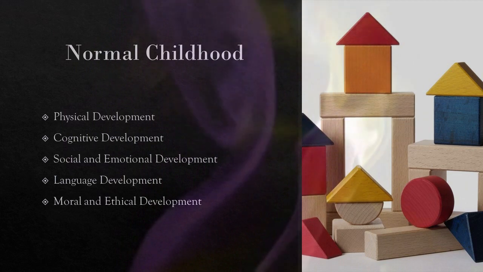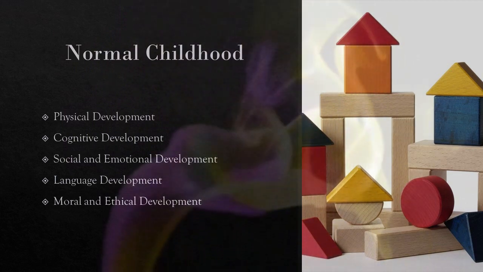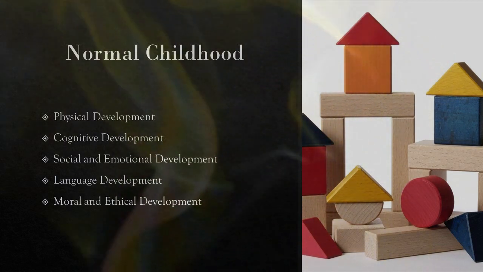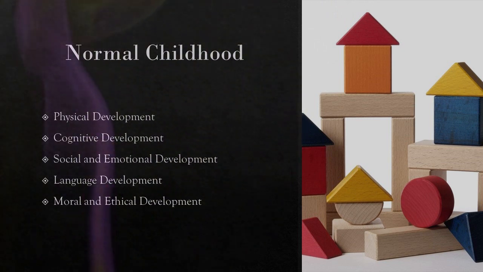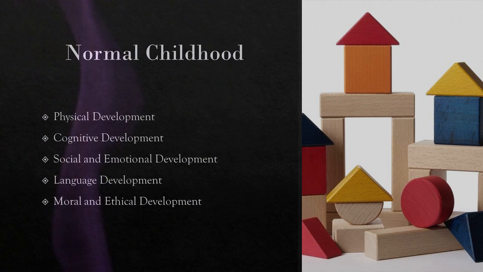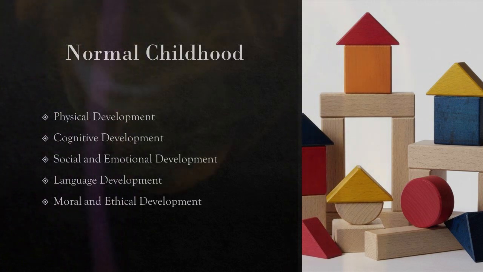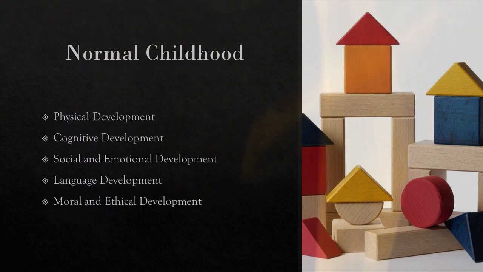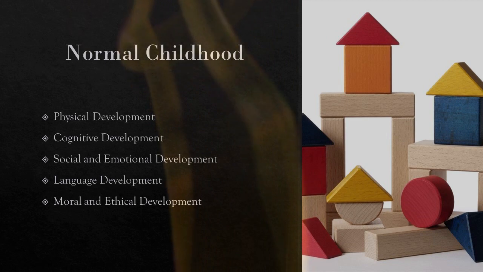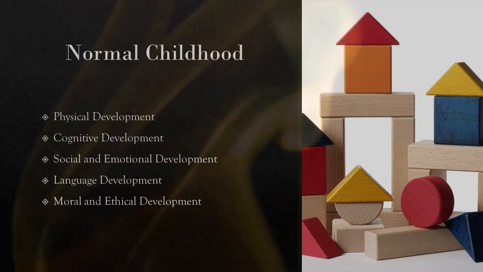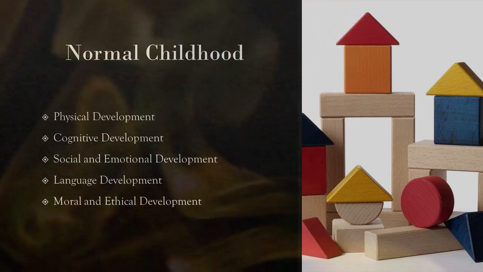So a child begins by forming trust versus mistrust, and they form attachments and develop a sense of identity, and they establish autonomy, and all of these things are critical stages that a child will go through for healthy social and emotional development.